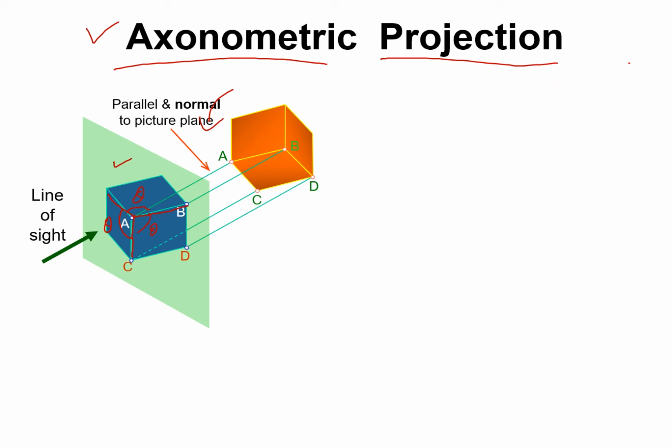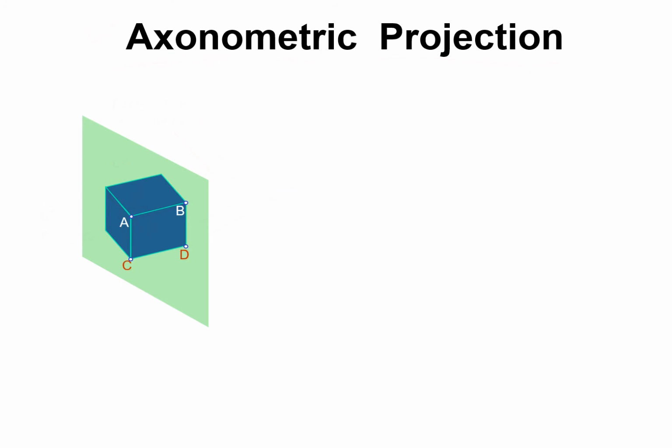So now let's look at isometric projection. If we take this object and these three axes, and we change the angles between these three axes, we get different types of axonometric projections.